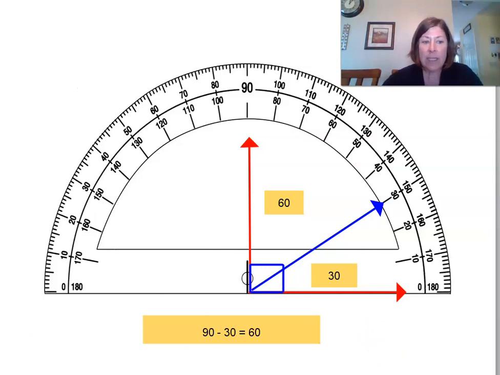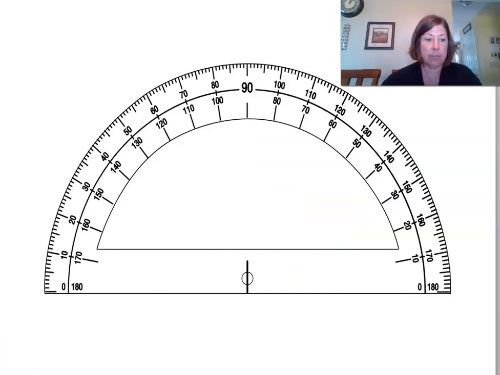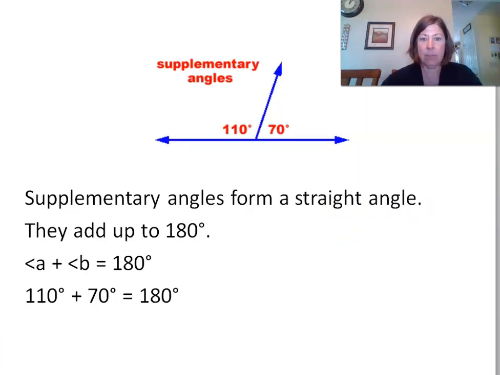So now let's take a look at our next type of paired angles or adjacent angles, which are supplementary angles. Now, supplementary angles form a straight angle. A straight angle is basically, it's a line. And I know that a straight angle measures 180 degrees.